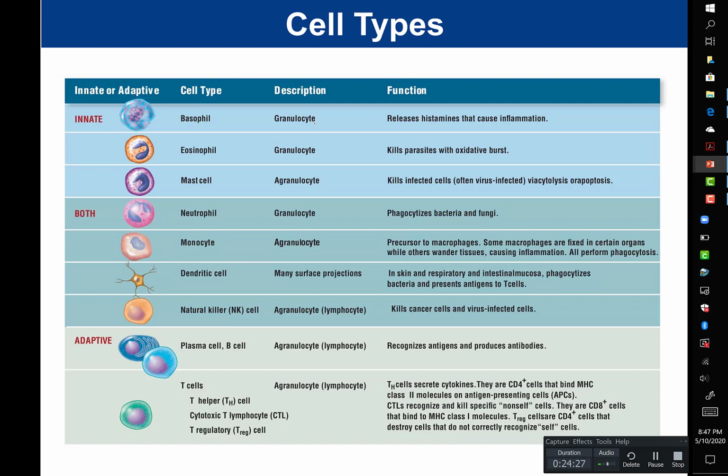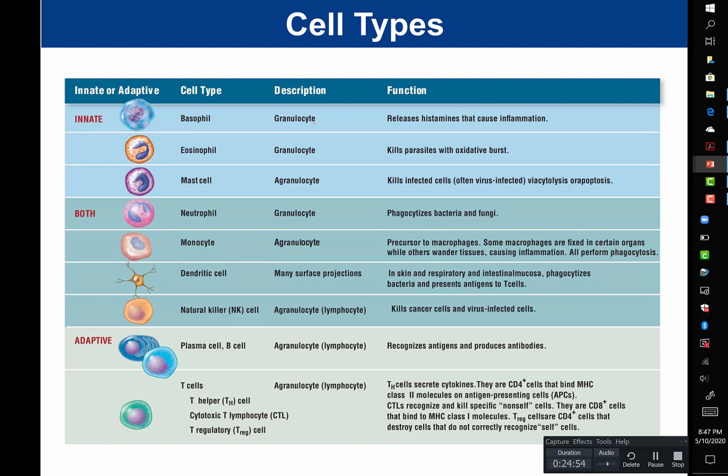Their job is to do phagocytosis of bacteria and then present antigens to T cells. So again, this is why they cross over between innate and adaptive. They're specialized cells in certain tissues. Their job is phagocytosis and then present antigens to the T cells and the B cells.